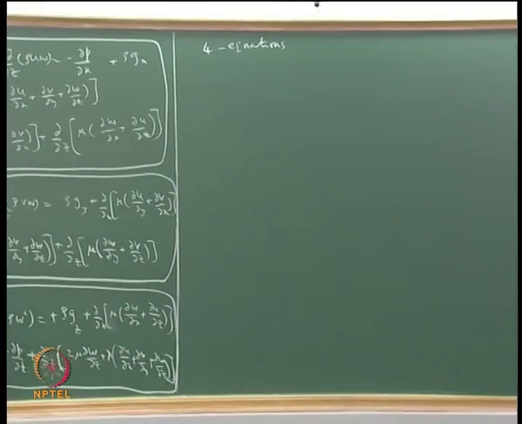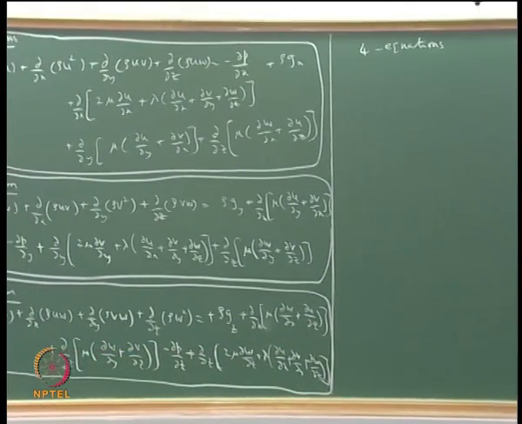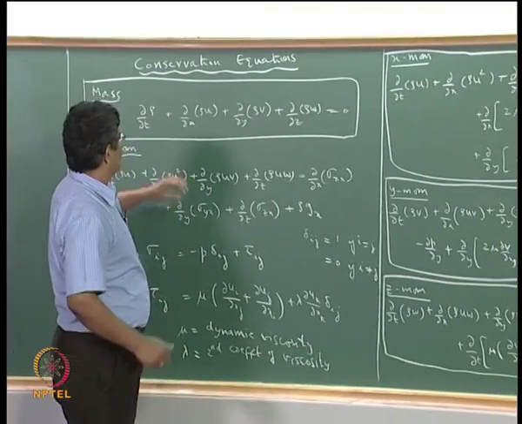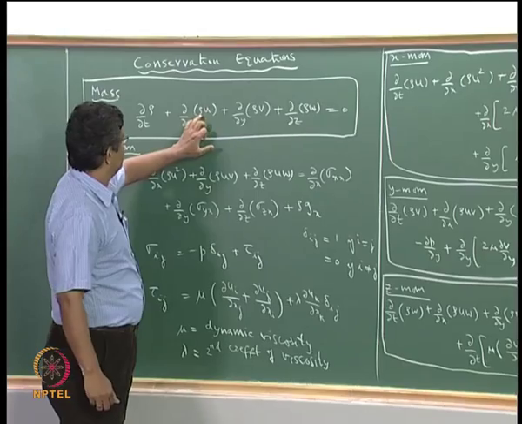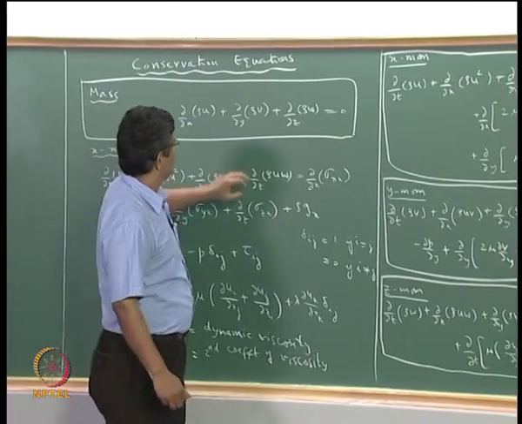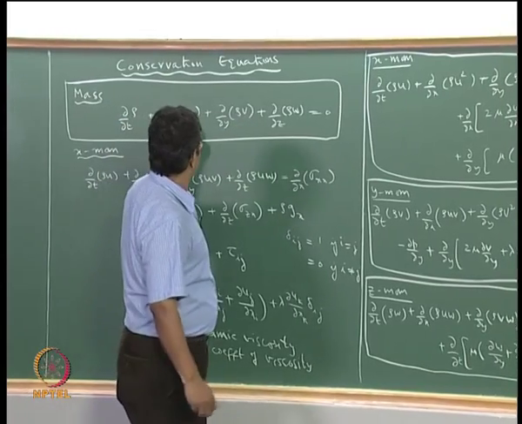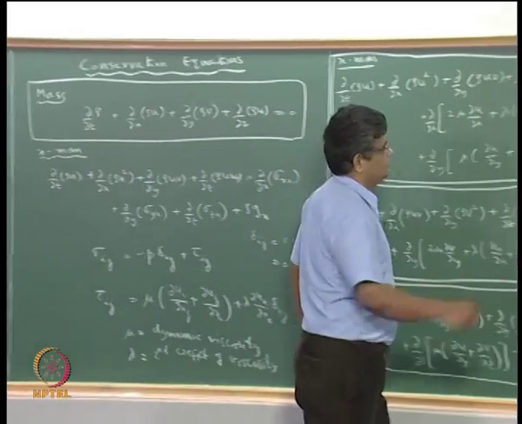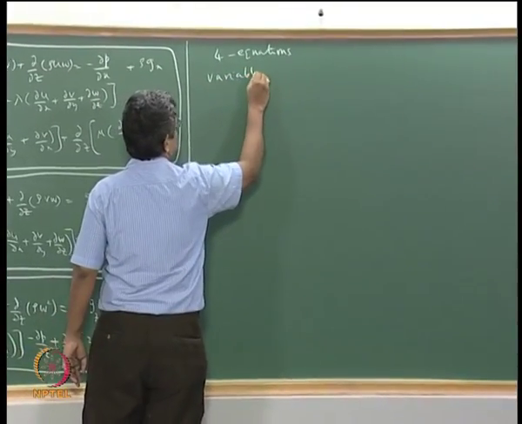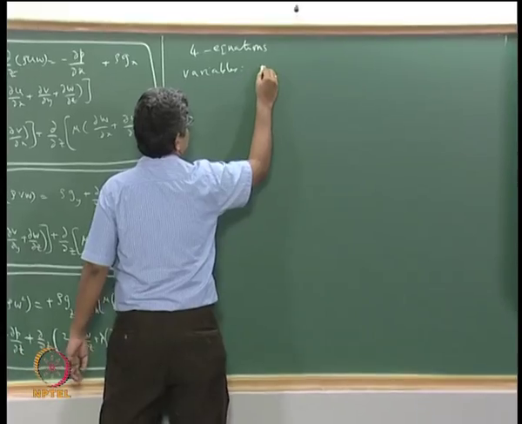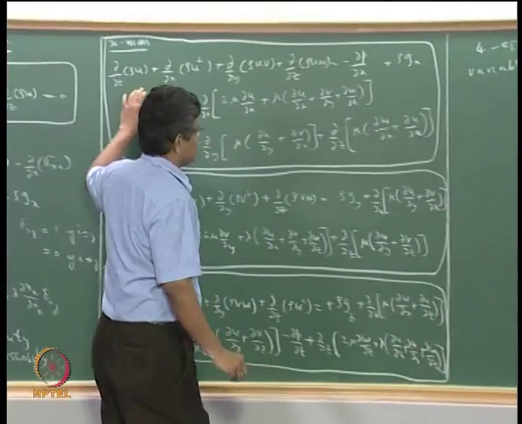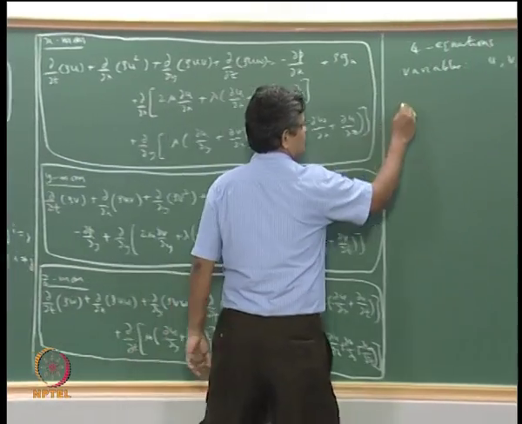And the variables that are appearing in this, apart from the properties of the fluids, are here rho is obviously a property of the fluid, which is the density. In the continuity equation you have u v w, when you come to the x momentum equation, and let us also put the properties.